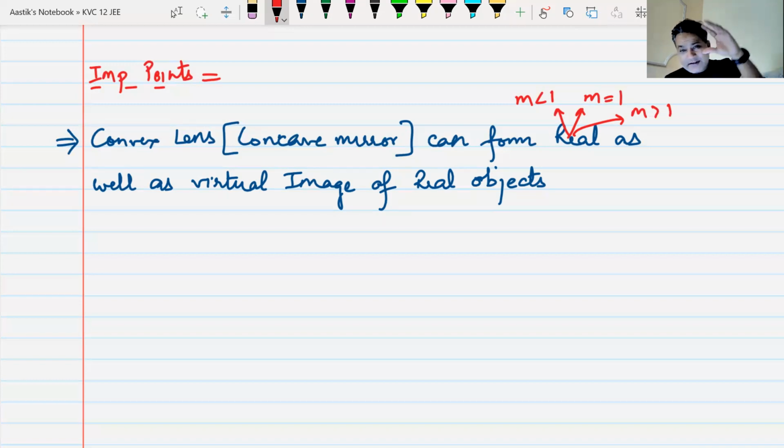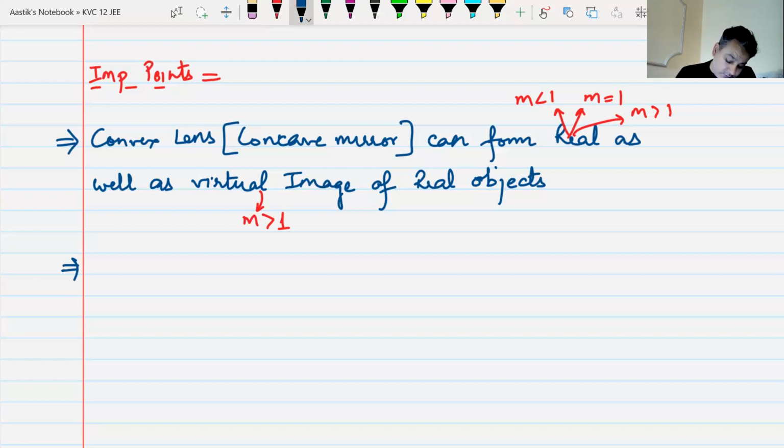It is always enlarged. Do we understand this? Yes, sir. We will come to this case when we get into problems.